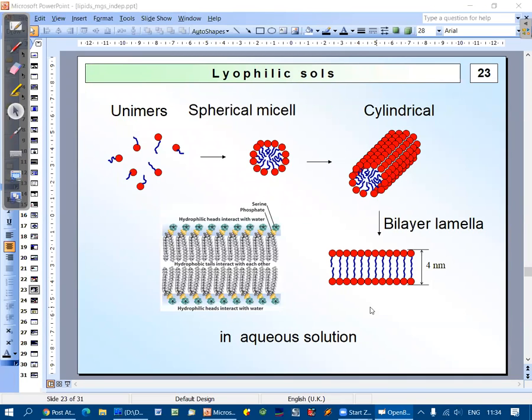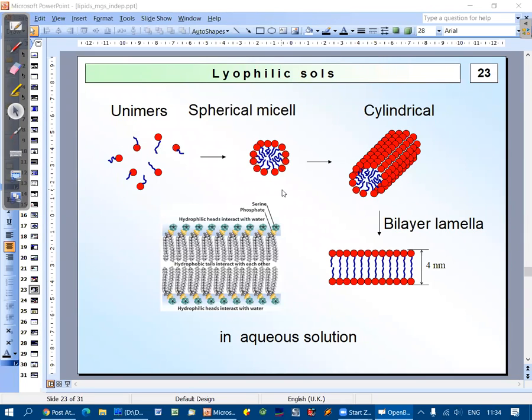These are structures of these micelles in polar solvent, in aqueous solution, because polar functional groups are directed to polar solvent.